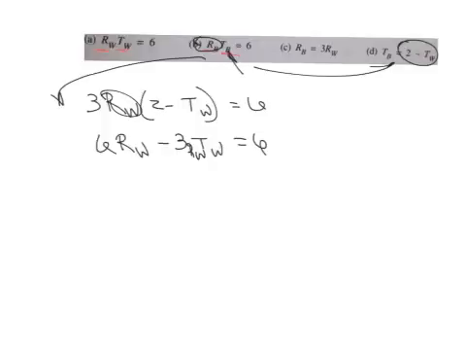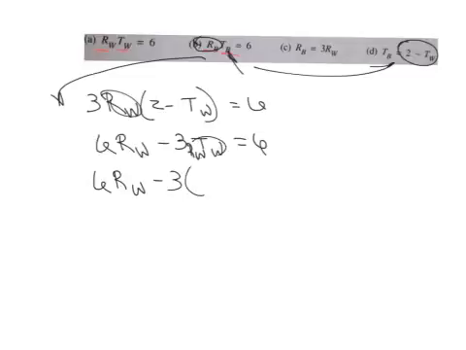Alright, so now let's see if there's anything else I can substitute. I have two variables here. I like the RW, but I don't like this TW. RW TW equals 6, so I can replace that with 6. Oops, I don't know why I put a negative or a positive there.